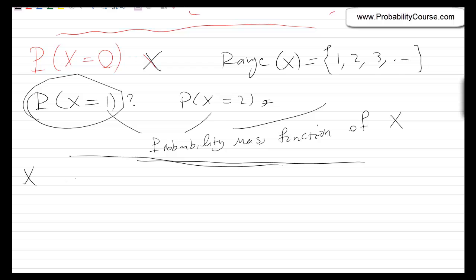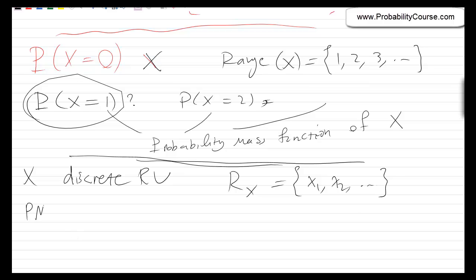So if X is a discrete random variable such that its range is equal to, let's say, x1, x2, again, because it's a discrete random variable, I can list all the values in the range, x1, x2, x3, and so on. And the probability mass function of X is defined as probability that X is equal to xk.